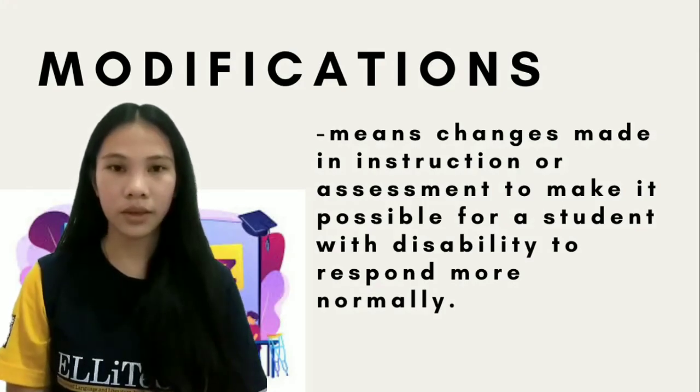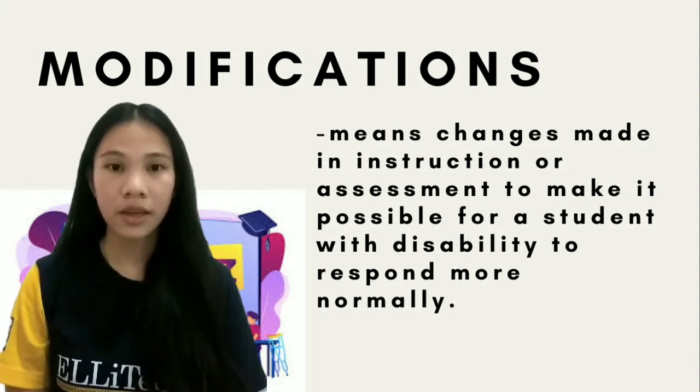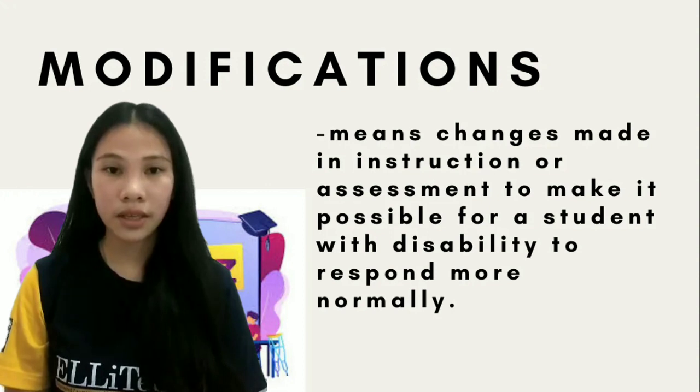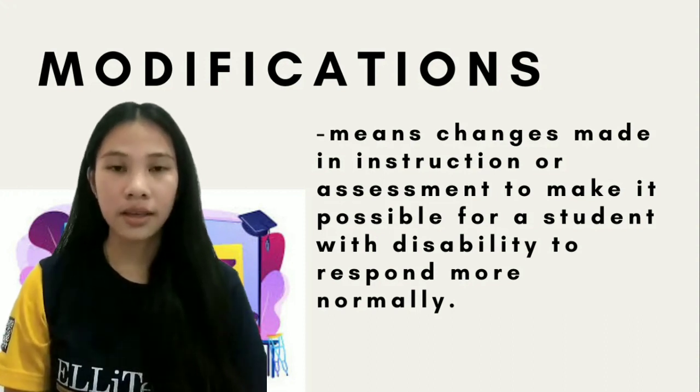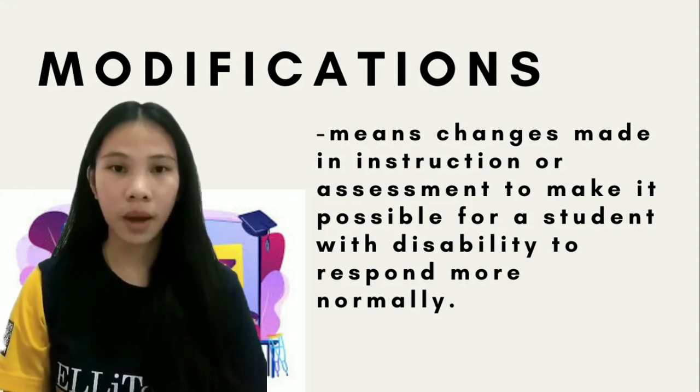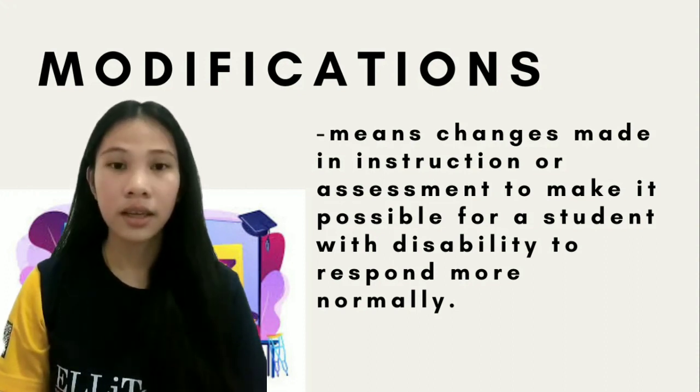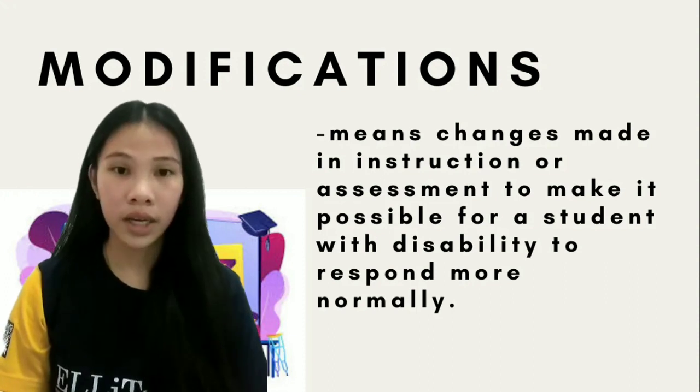So next, modification. What is modification? Modification is a change of instruction or assessment to make it possible for a student with disabilities to respond more normally. For example, students who are struggling to keep up with the lesson may need to have their instructional time changed. Maybe they need to be learning English in the morning instead of the afternoon.